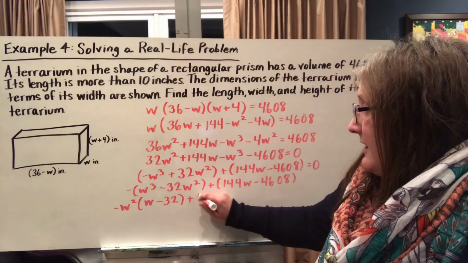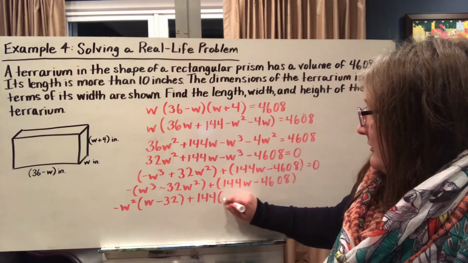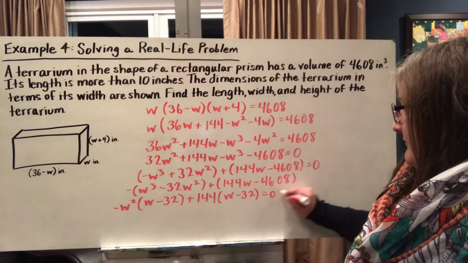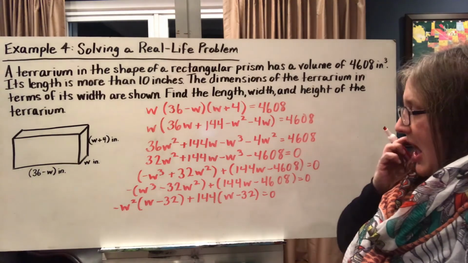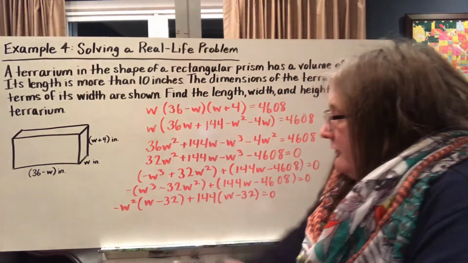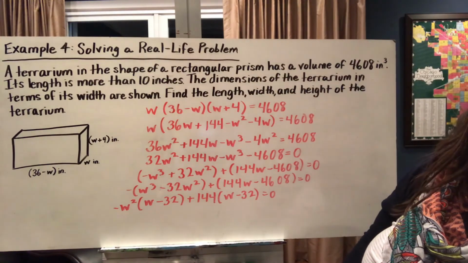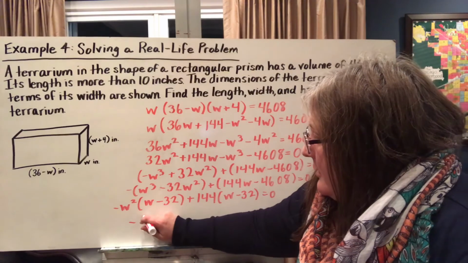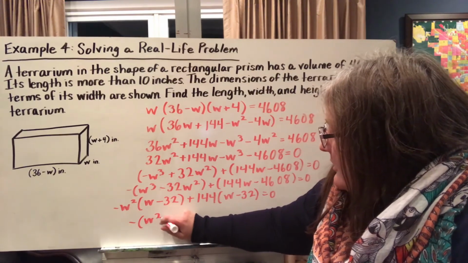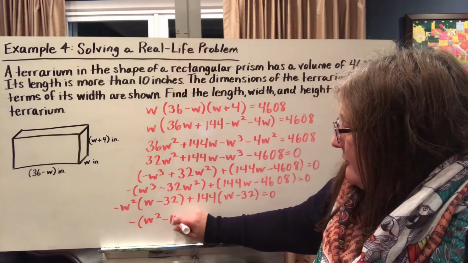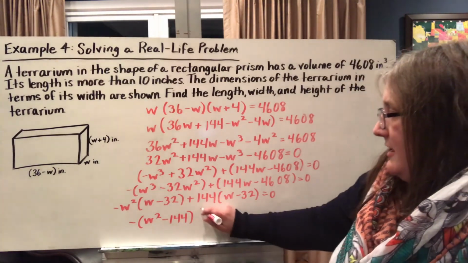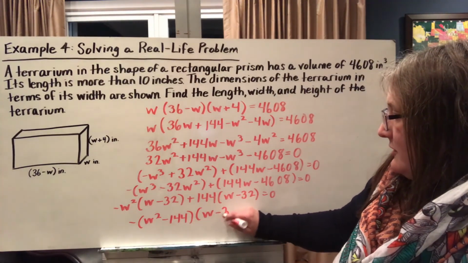For these guys, I'm going to take out a 144, which is going to make this w minus 32. So my first binomial here is going to be, I'm going to keep this negative out here, w squared minus 144, because I'm keeping out that negative, and w minus 32.